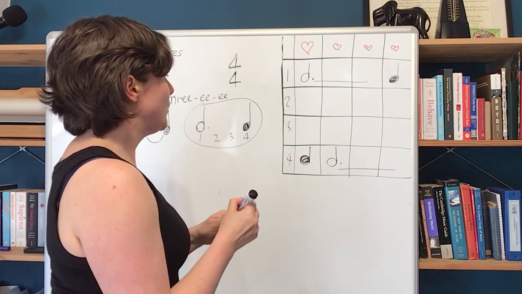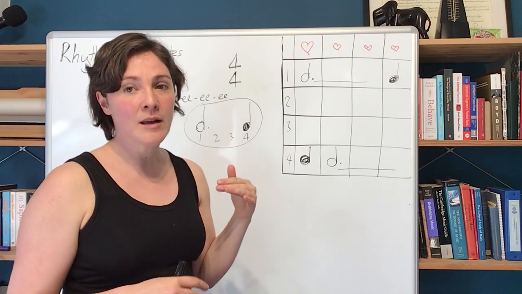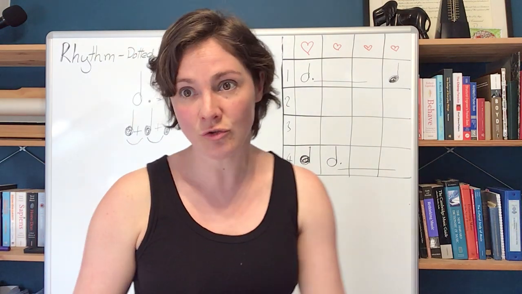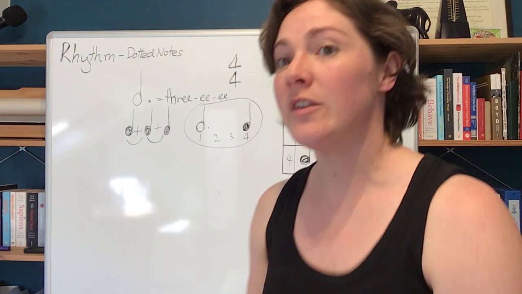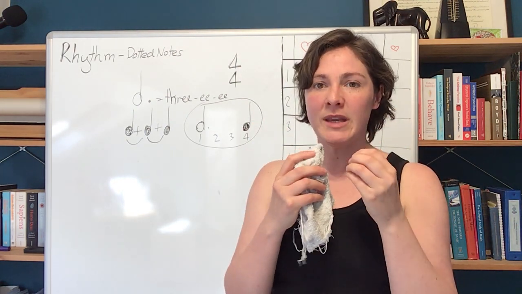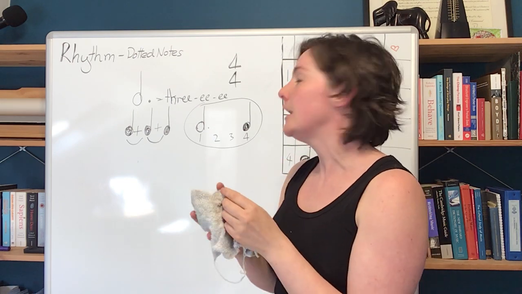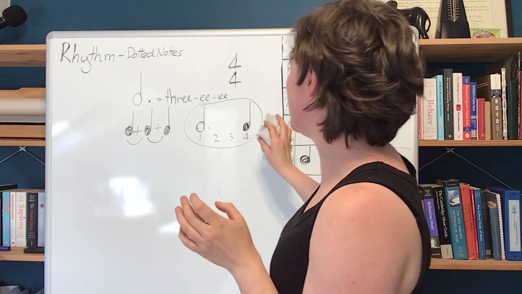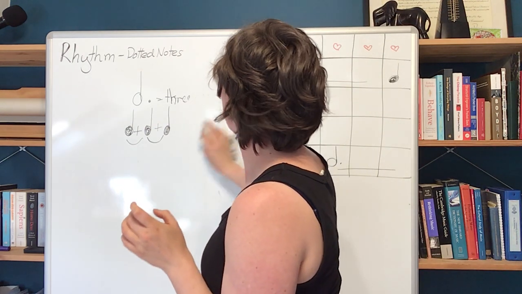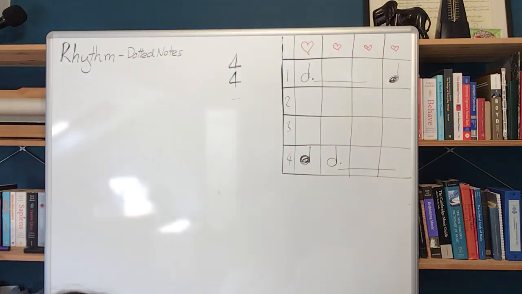Okay, so we've got 2 rhythms that we're going to add in here, and we're going to go through exactly the same process, but this time we're going to use a dotted crotchet. So this is where the idea of subdivision, dividing up the beats into smaller sections that we can sort of imagine in our head, becomes really important here. So we're going to get rid of this for the moment, and we're going to go through the same process.